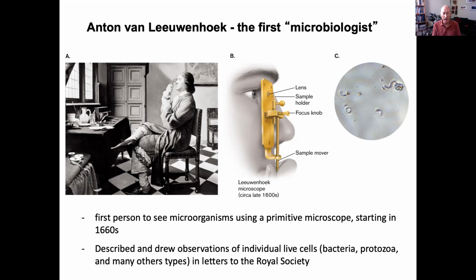You know, they look like bacteria and protozoa and many other types of unicellular and small multicellular organisms. He described them in dozens of letters that he published with the Royal Society. So he was truly the first microbiologist actually seeing and describing microorganisms.